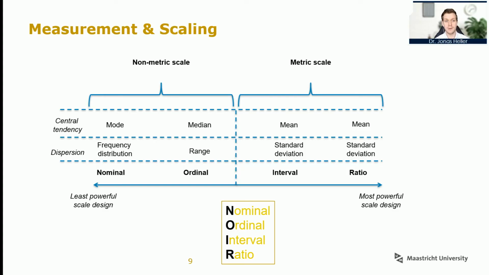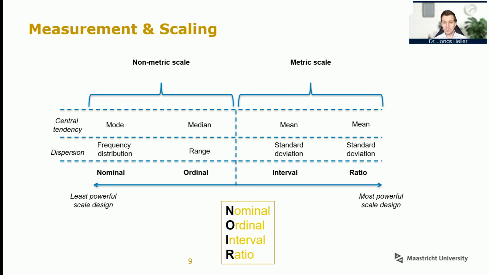So you could, for example, plot how many males and females you have in your data set. If you collect ordinal data, you can collect a median and a range. For example, again, if you rank how many runners come in at which position, then you can collect the average rank and the range of runners.